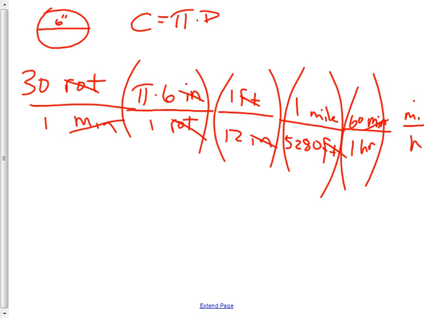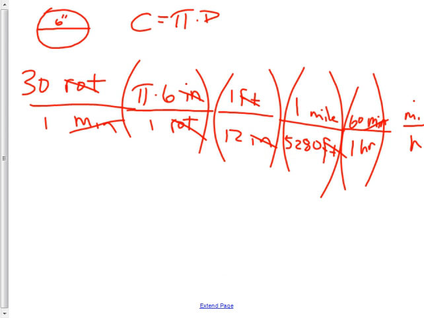So the minutes canceled, and now I have miles on top, hours on the bottom, and that would be a right answer. You would not have to actually do all the multiplying. I would have to look through your little thingy and make sure that you had everything canceled and the right units left. Okay? All right.